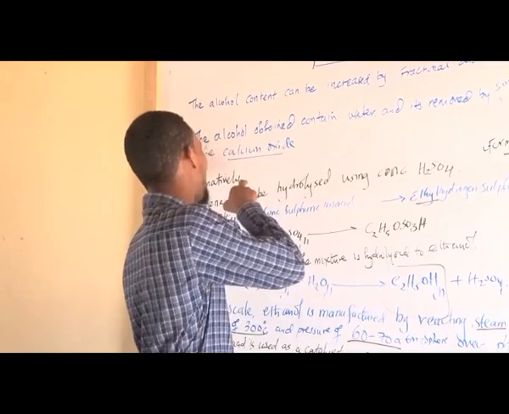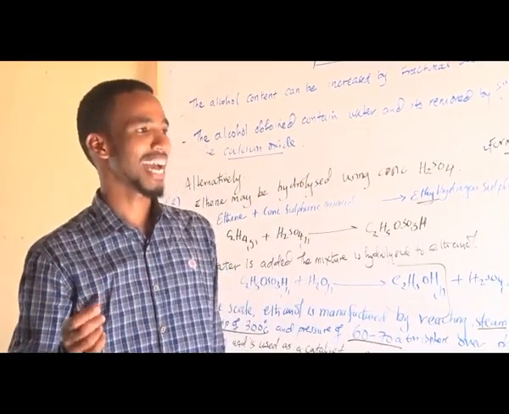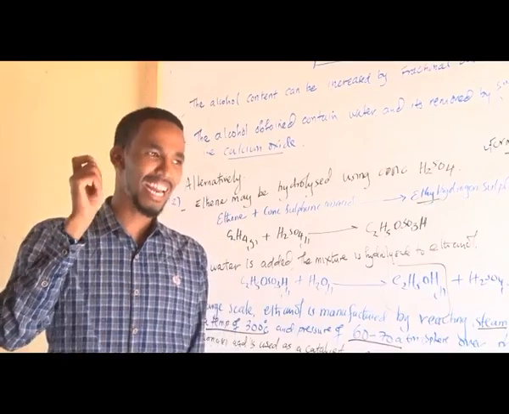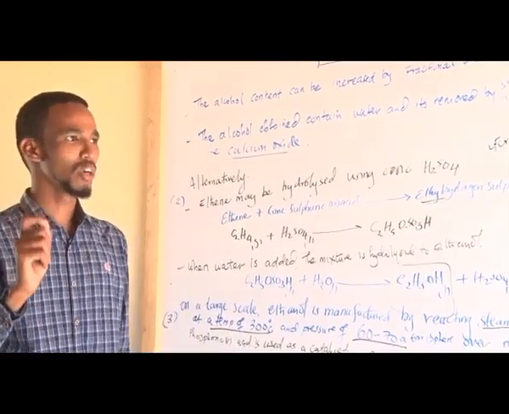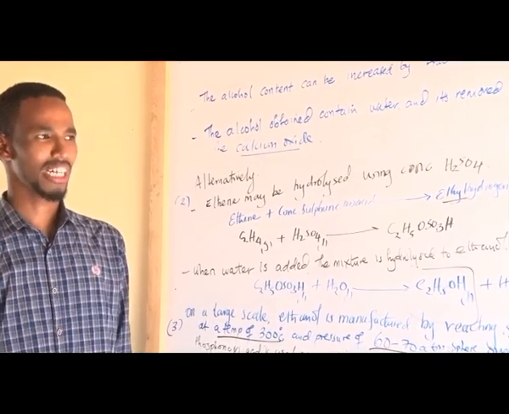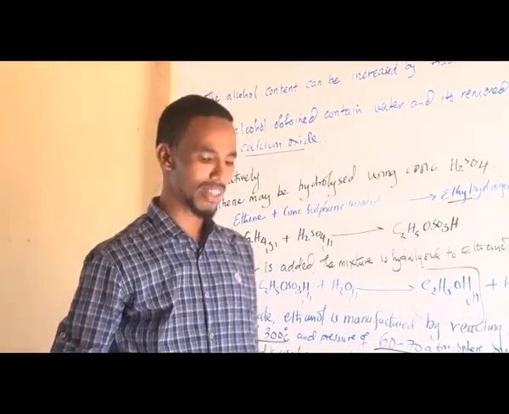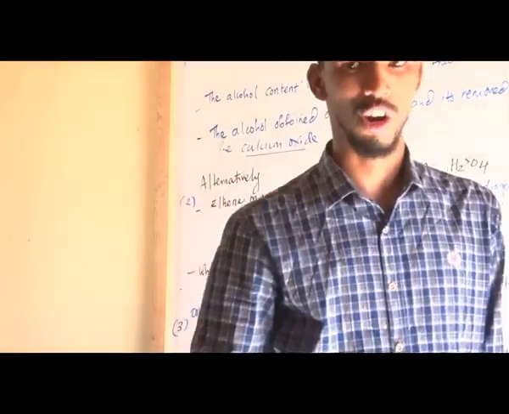So we go to alternative number two, whereby ethanol can be obtained by hydrolyzing ethene gas using concentrated sulfuric acid, where you get ethyl hydrogen sulfate, and the ethyl hydrogen sulfate is added to water to get ethanol.